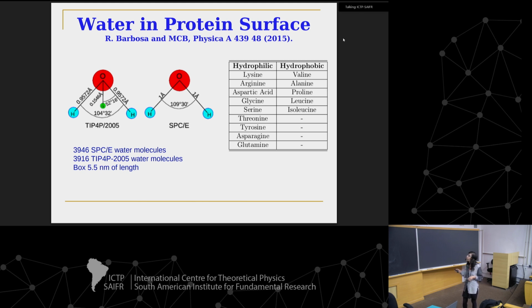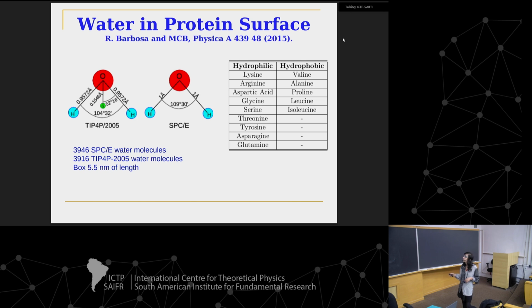We are going to look at the behavior of this protein when surrounded by two types of water models. So this is the model we discussed along the school a lot, the SPC/E water model. That's a very old model developed by Raul Grigera, in which you have the oxygens and the hydrogens. The hydrogens have no mass, and they just have the charges, but the charges are localized in the hydrogens.